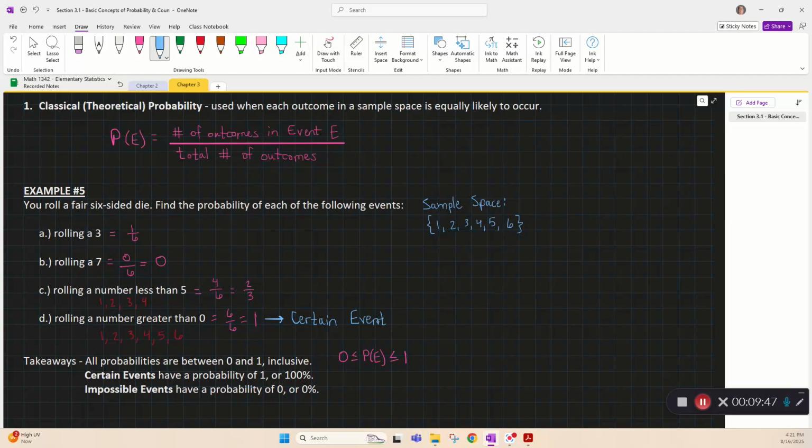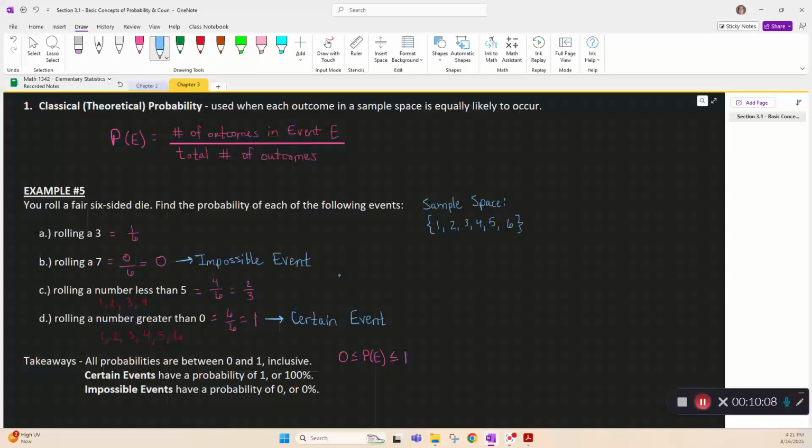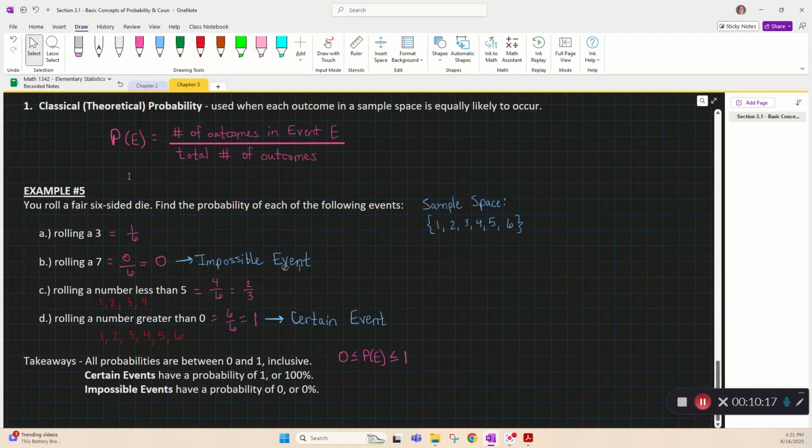No ifs, ands, or buts. It has to happen. When I did the one rolling a 7, you may have even said to yourself, that's impossible. Well, that's the name of it. This is called an impossible event. Okay, so that's classical or theoretical probability.